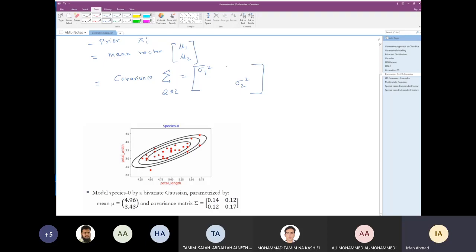Here you're going to have the covariance of features x1 and x2, and this is the same as the covariance of x2 and x1. Basically, the covariance of both of them is the same, right? So it's a symmetrical matrix with the diagonals having the variances of the features and the non-diagonal elements having the covariance of each other. This is the idea here.